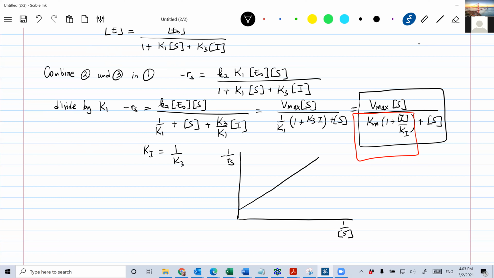But with inhibitor, the Km is going to change, meaning that your curve is going to look like this. This is with a competitive inhibitor, and this is without inhibition.